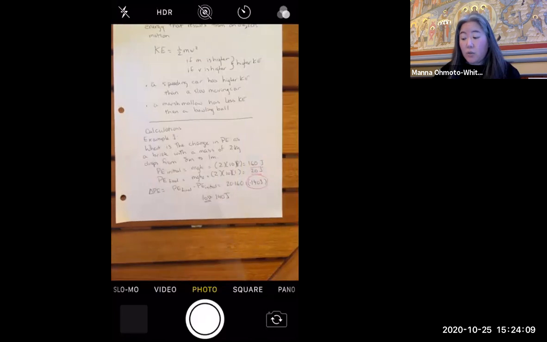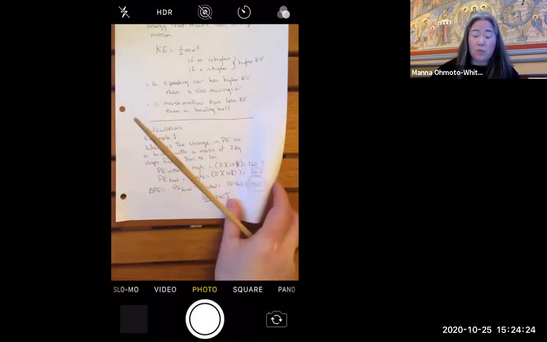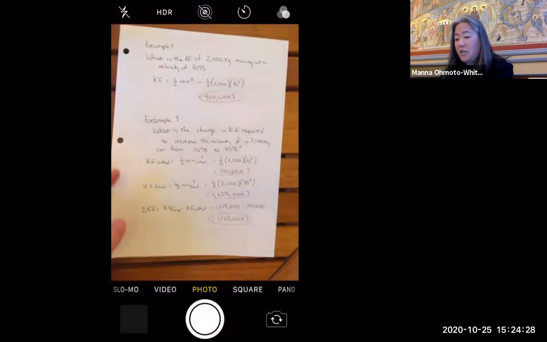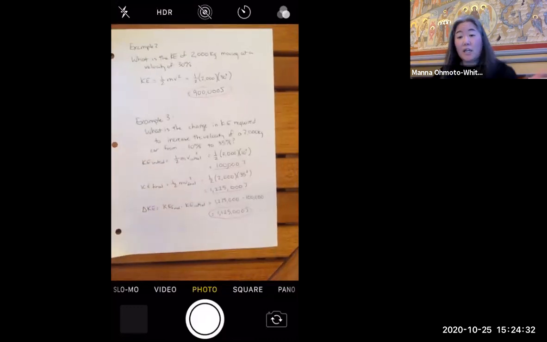I could also do that by just doing mg times delta h. And in that case, I would have to remember that my delta h would be 1 minus 8. So that would be 2 times 10 times (1 minus 8), which would still be negative 140 joules. So whichever makes sense to you. And here's an example of kinetic energy. So I can look at it as what's the kinetic energy I have right there, kind of like momentum.